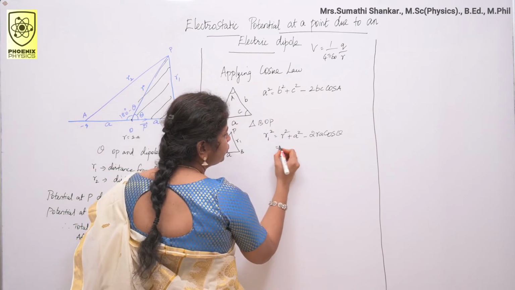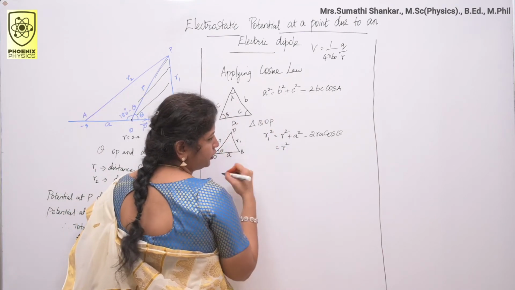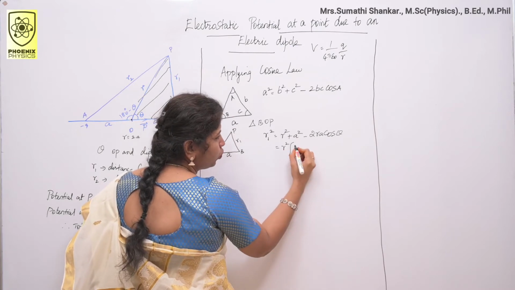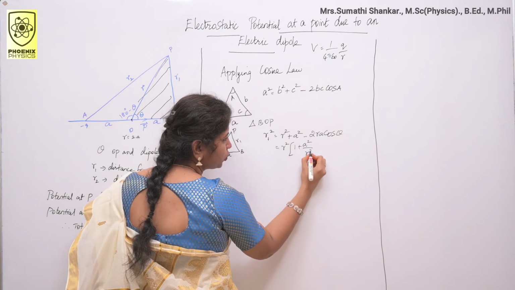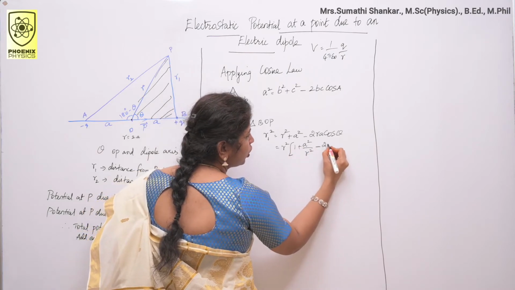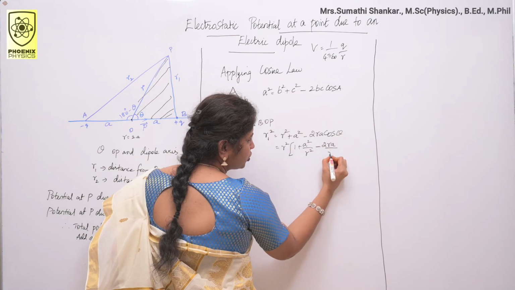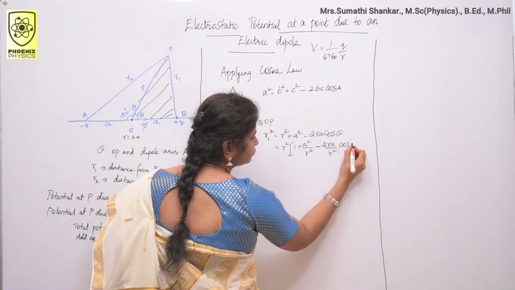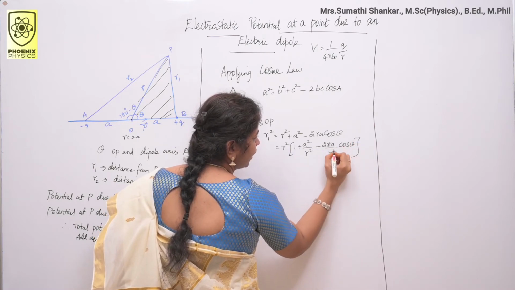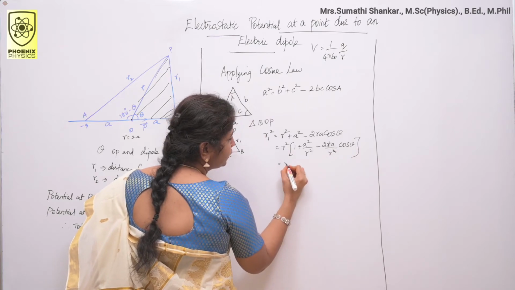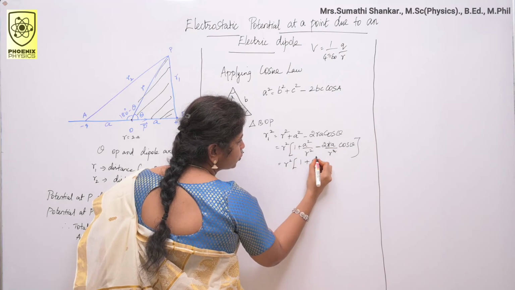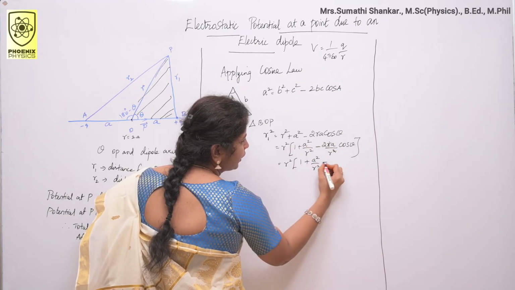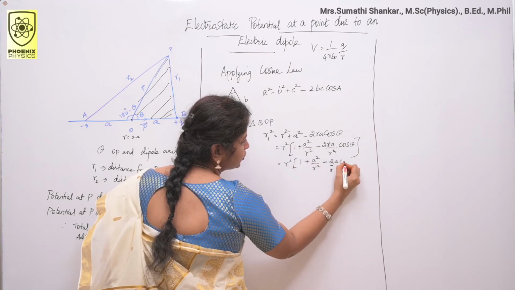I am going to take r square outside. So, here r square into 1 plus a square by r square minus 2ra by r square cos theta. So cancel this r and r. So the remaining term, r1 square is equal to r square into 1 plus a square by r square minus 2a by r cos theta.